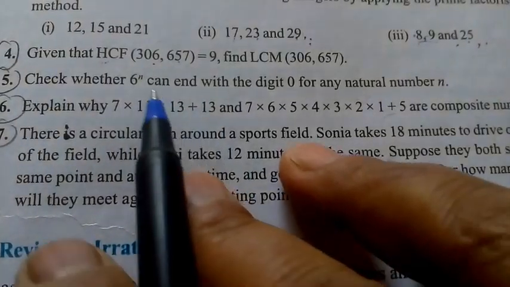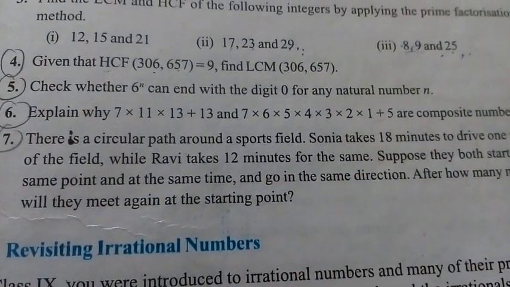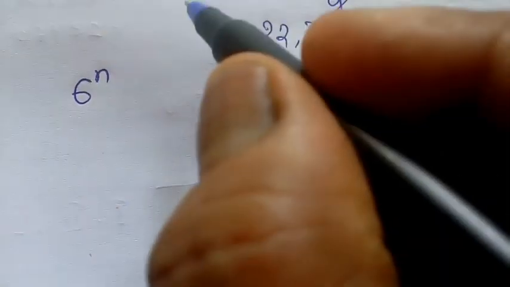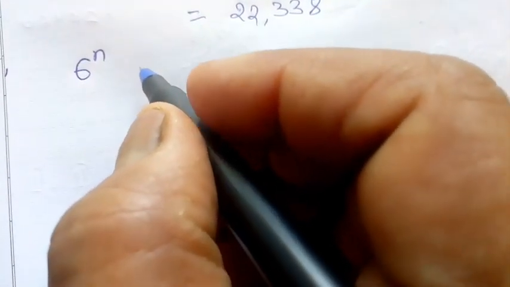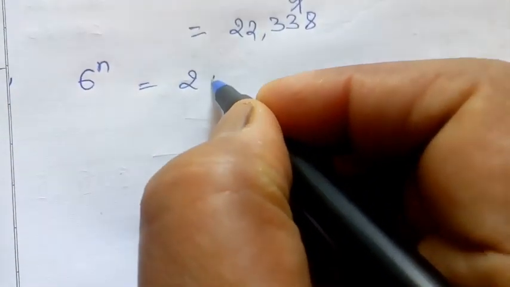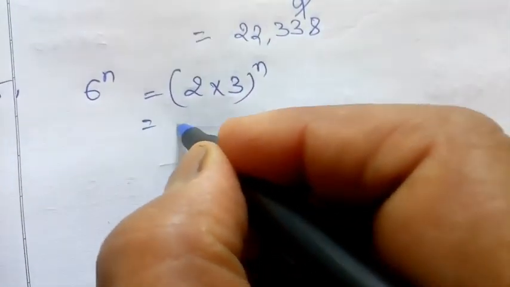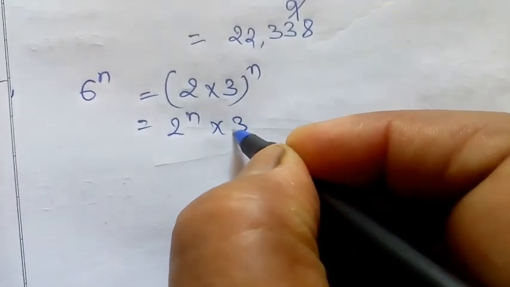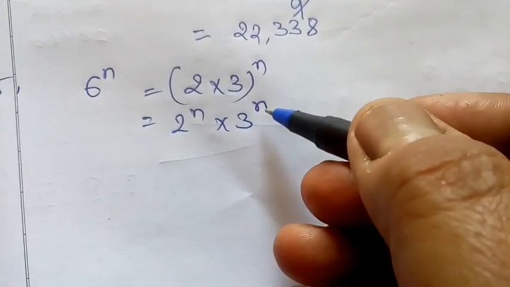The next question number 5. Check whether 6 raised to power n can end with the digit 0 for any natural number n. 6 raised to power n cannot end with the digit 0 because the prime factorization of 6 is 2 into 3 to the power n. It means 2 to the power n into 3 to the power n. The prime factorization of 6 is 2 into 3.